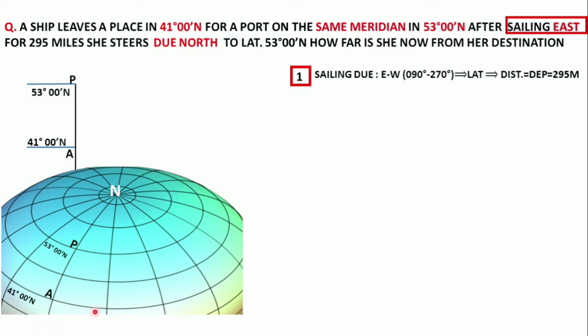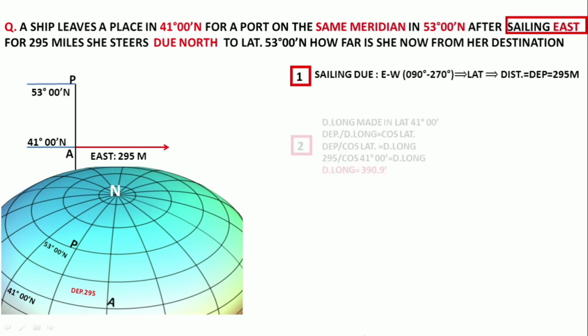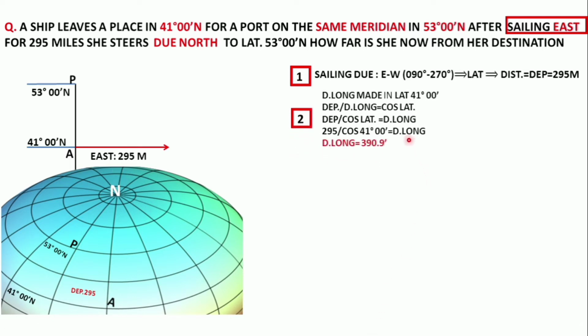Knowing my latitude, I can always find out the D long she has made. So the D long made by the ship when she sailed from her initial meridian to come to this meridian here is 390.9. That's your D long here.